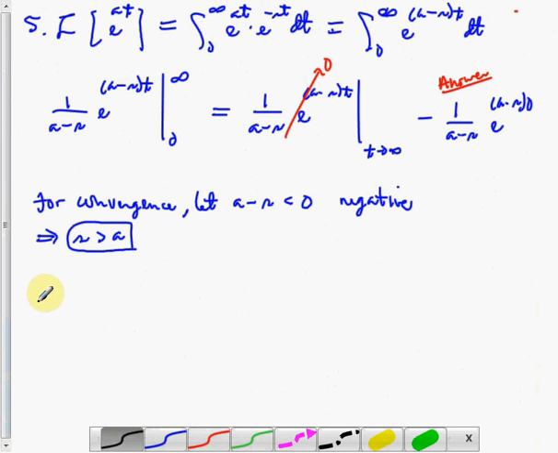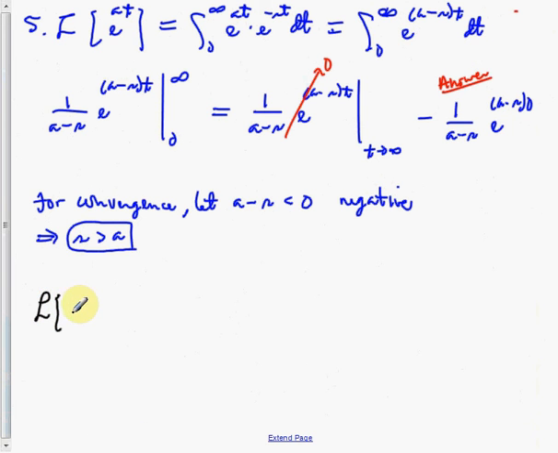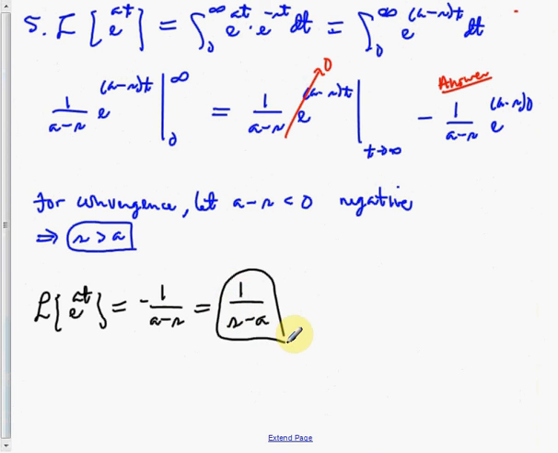And that is this: the Laplace transform of e to the at is equal to negative 1 over a minus s. You can distribute the 1 through the denominator, and you get 1 over s minus a.